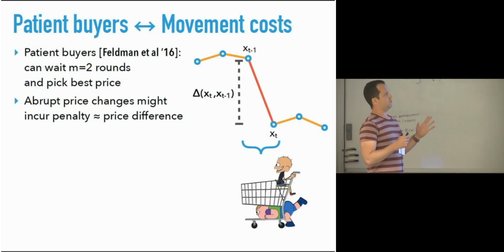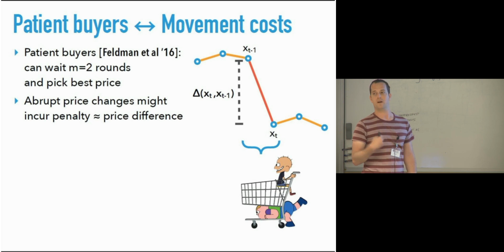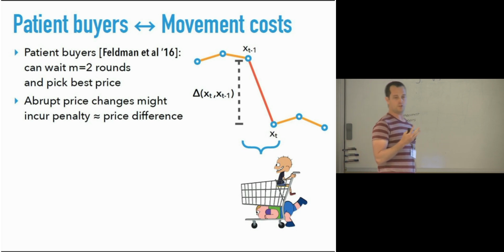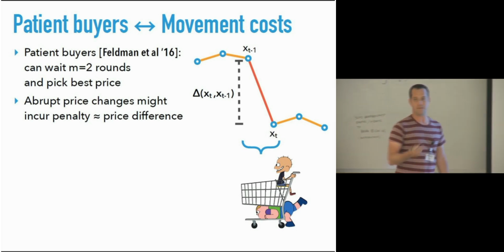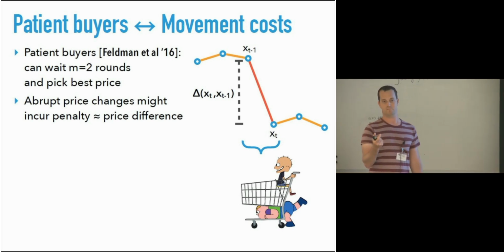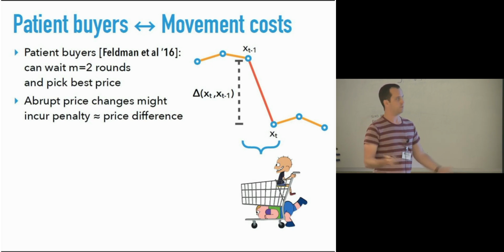Now, to see where movement cost arises, consider the case where the buyers are patient. They are allowed to wait for, say, 2 rounds before deciding whether to buy or not, and then they can pick the lowest price. Okay? So they can stay in the store and decide when to purchase and whether to purchase across 2 time slots.